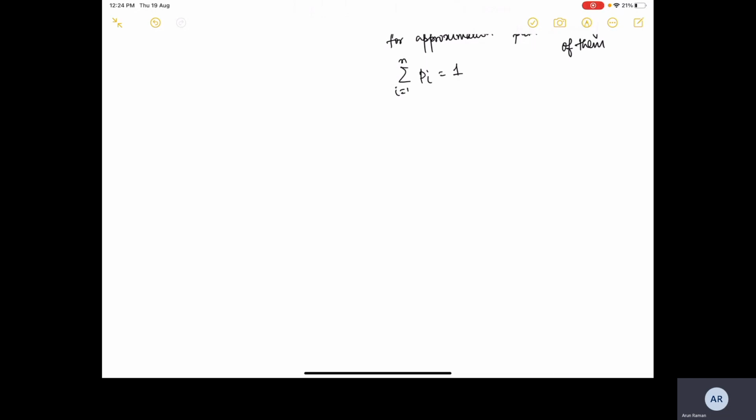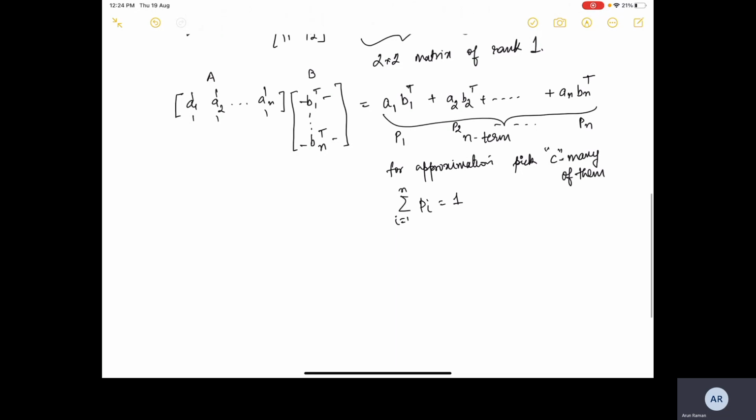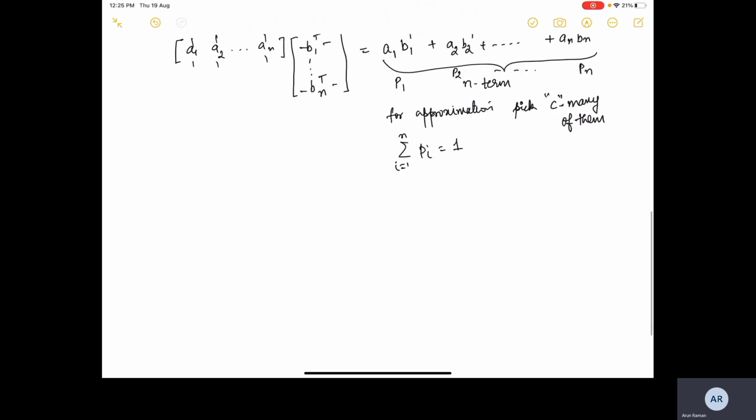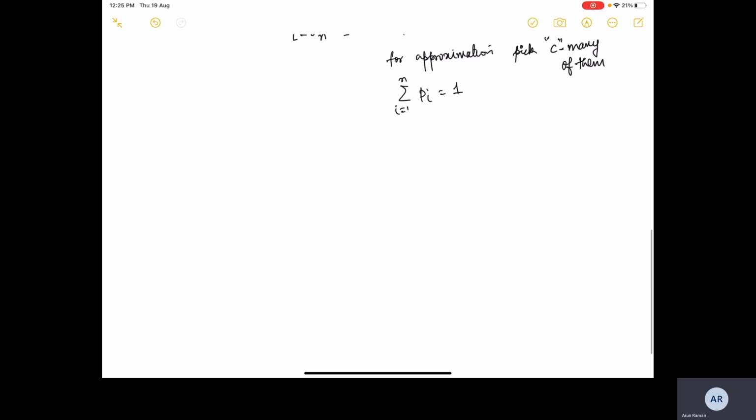So this is the main idea of how we are going to approximate the matrix multiplication. First step is to change the viewpoint of the multiplication and write it as a sum of products of the rows and columns, and out of those n, just pick C of them using some distribution. We will later see how to select P1, P2, and Pn.